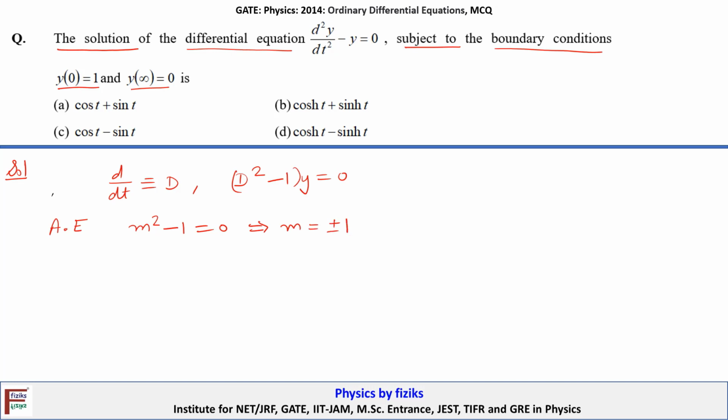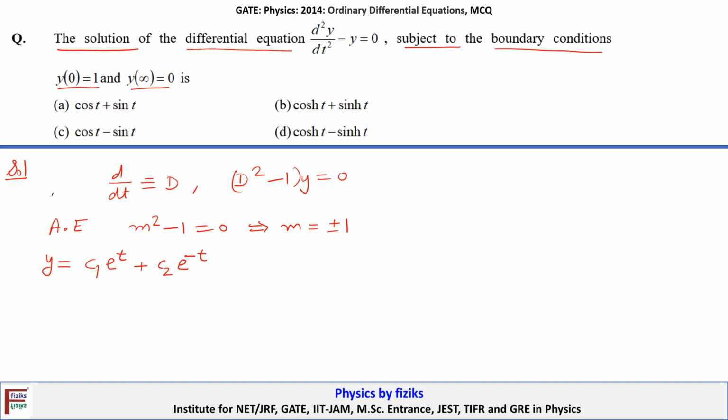Now the value of m is plus minus 1, which are two different real roots. Therefore the solution of this differential equation can be written as y is equal to c1, some arbitrary constant, into e to the power t plus c2 into e to the power minus t.